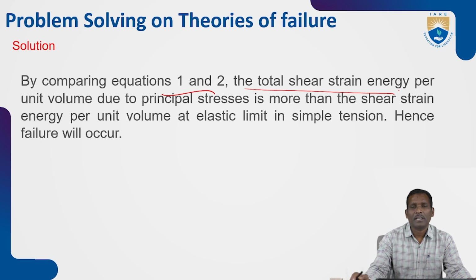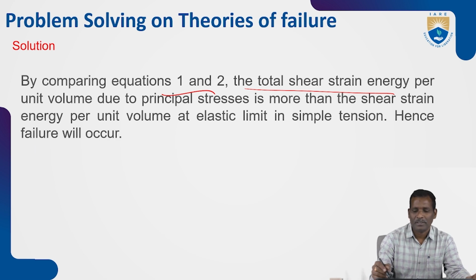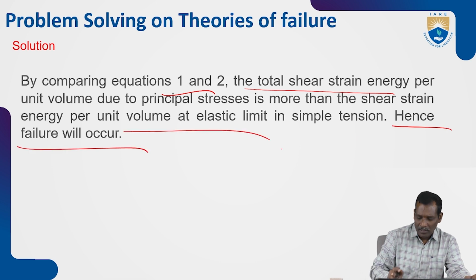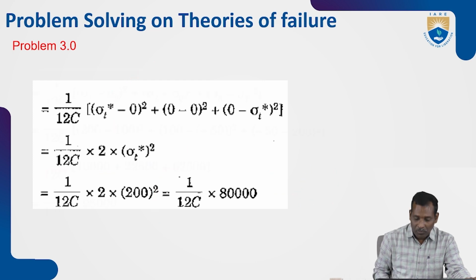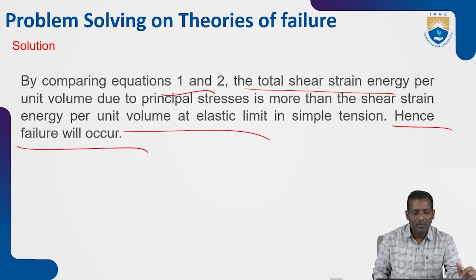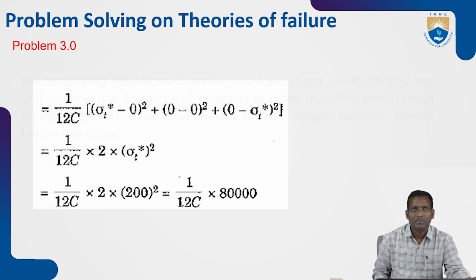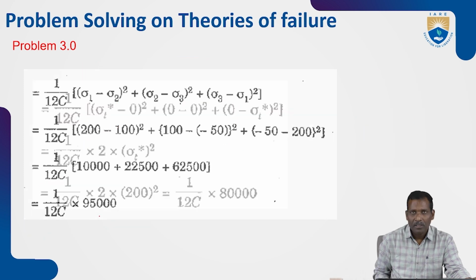So the total shear strain energy per unit volume due to the principal stresses is more than the shear strain energy per unit volume at elastic limit in simple tension. So hence the failure will occur. Here the shear strain energy per unit volume due to the principal stresses is 95,000 by 12C.